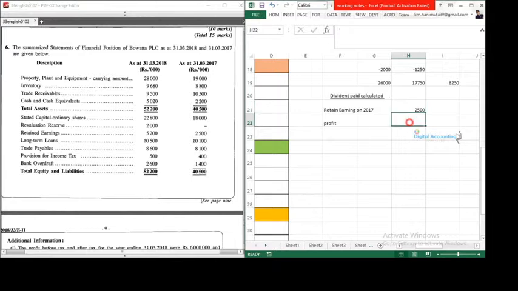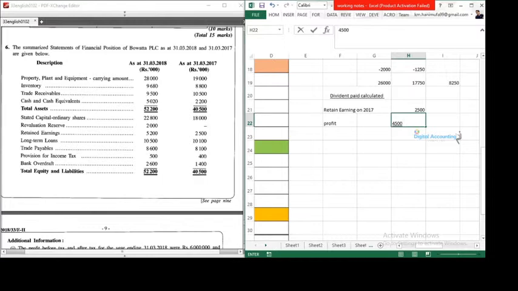So from the 2,500, that is the beginning value of 2018. The 2018 profit is also mentioned, 4,500. We know it is after deducting the tax, right? So the 4,500 is the profit for the year.